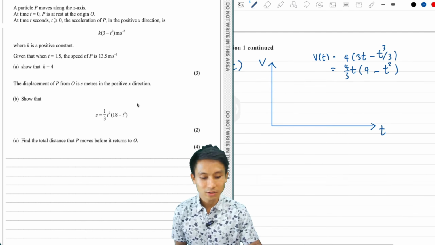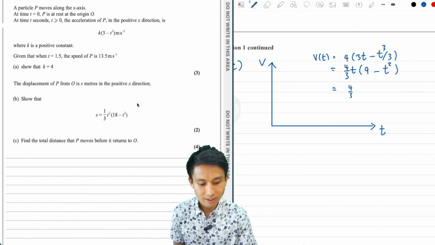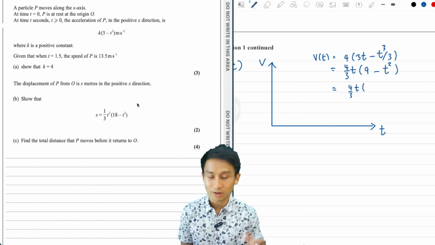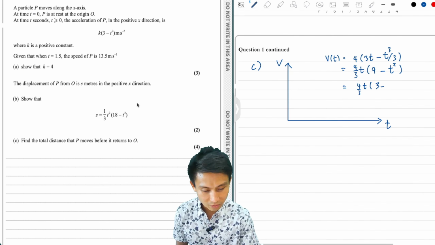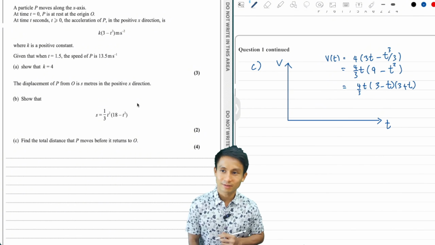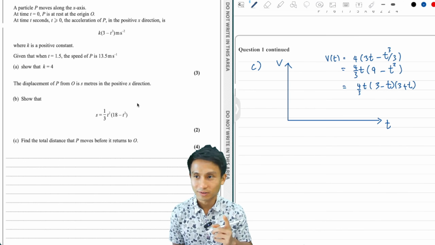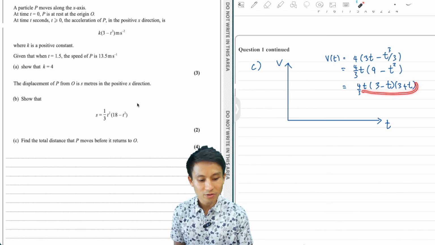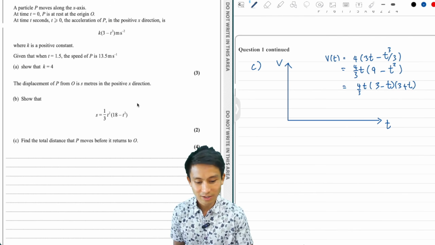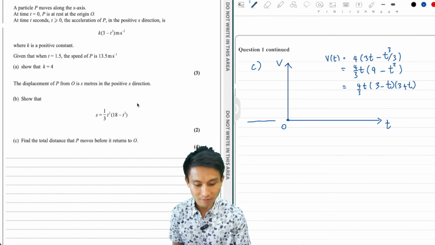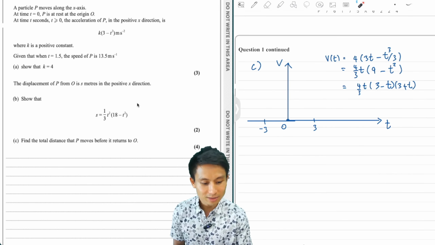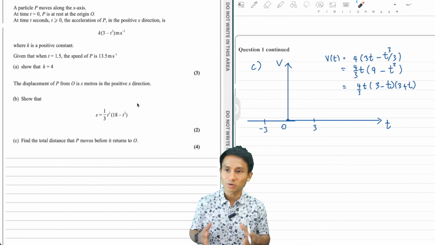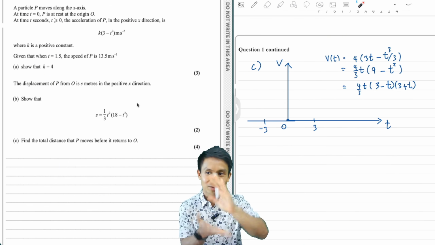So the point here is to factorize and get a rough idea about the plot of the velocity function. So that is just 3 minus t times 3 plus t. Now this is a cubic plot. We just plot the critical values from these brackets: 0, minus 3 and 3. This is not exactly a positive cubic, because you have 3 minus t there, which means there is a minus sign.